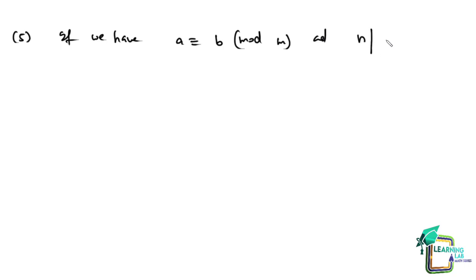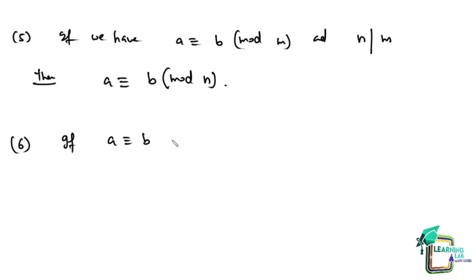Okay, move to property number 5. If we have A is congruent to B mod M and N is a factor of M, that is if N divides M, then A is also congruent to B mod N, right? Property number 6.